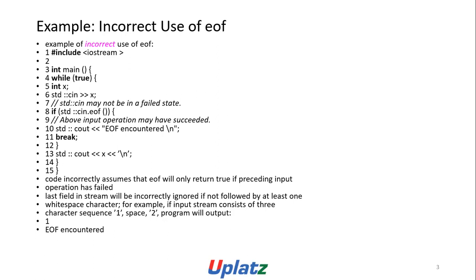The last field in the stream will be incorrectly ignored if not followed by at least one white space character. For example, if the input stream consists of the 3 character sequence 1 space 2, the program will output 1, then EOF encountered.